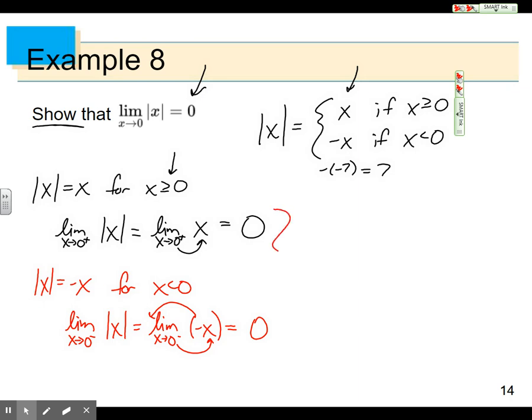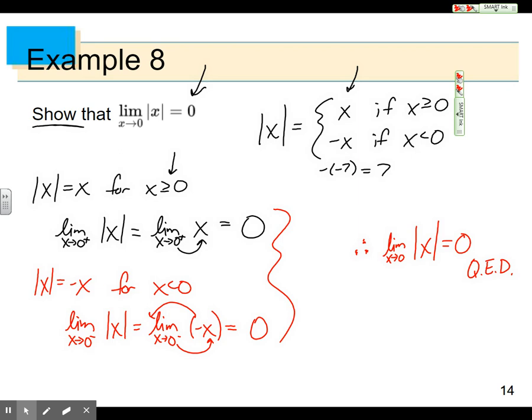The fact that I got both of these equal to 0, I'm able to state my conclusion. So I'm going to say, therefore. Those 3 dots mean therefore. The limit as x approaches 0 of the absolute value function has to equal 0. And since we're doing a proof, we either have to do one of two things. We either throw a little box at the end, and that shows that our proof is done, or we put the initials QED at the end.